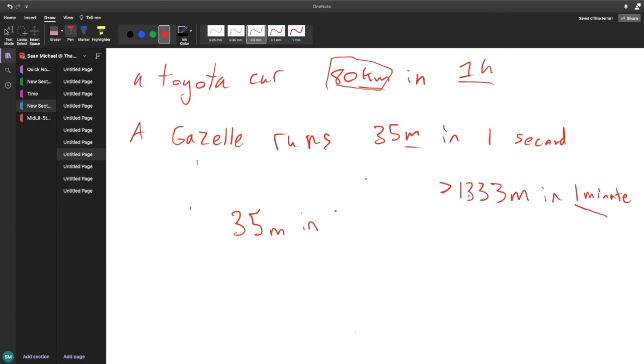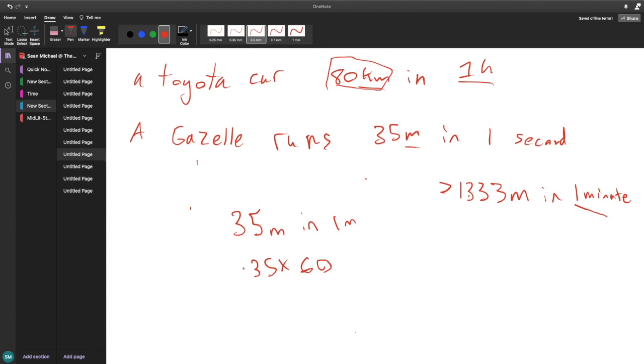Now we could divide this again by 60 to figure out how far it goes in a second, but we'll do this one this time and just convert it, because timesing is generally easier. So what we'll do is try and get it into a minute, which would be 35 times 60, right? Because there'll be 60 seconds in 1 minute.